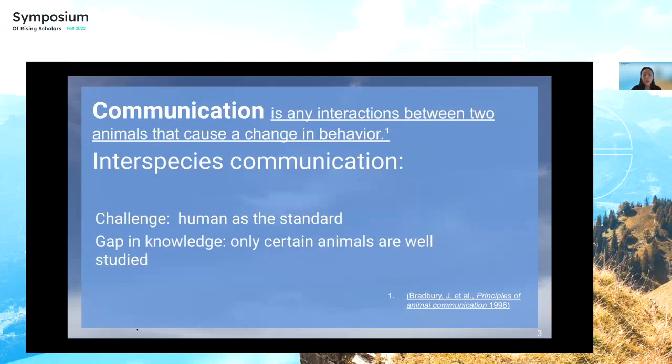However, each animal has its own unique behavior that's adapted to its unique environment, which makes this a challenge because, first, it's difficult to compare apples and oranges, and second, animals that behave very differently from humans are not well studied, which leads to a gap in knowledge where only certain animals are well studied.